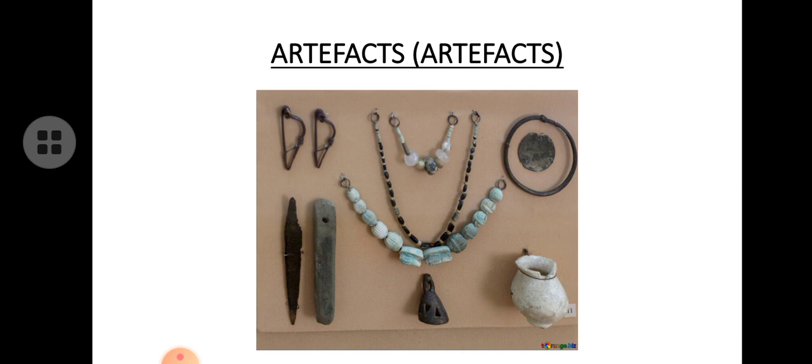Look at how the prehistoric man made ornaments using small pebbles, stones, and other materials. He made bangles, earrings, chains, etc. All these things are handmade materials. They come under artifacts.